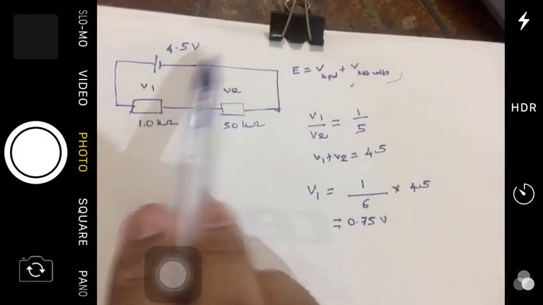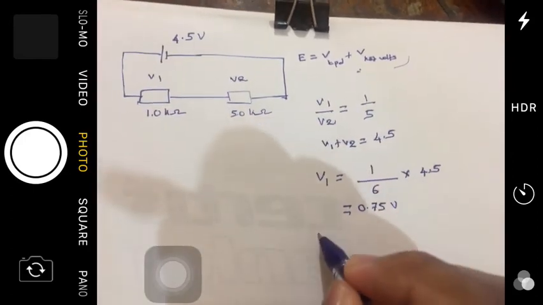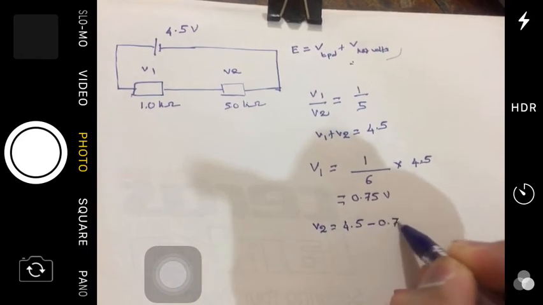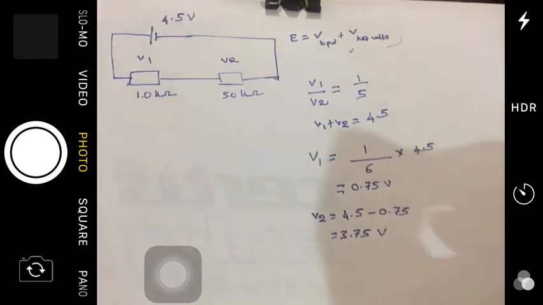So the total is 4.5. If this is 0.75, then the remaining would be 4.5 minus 0.75, that would be 3.75 volts.